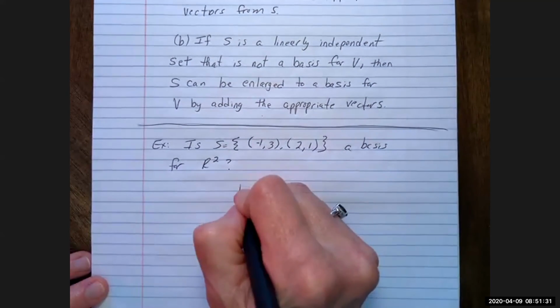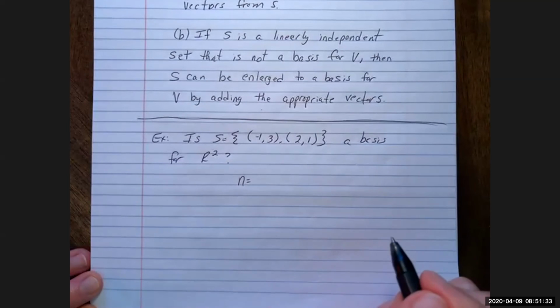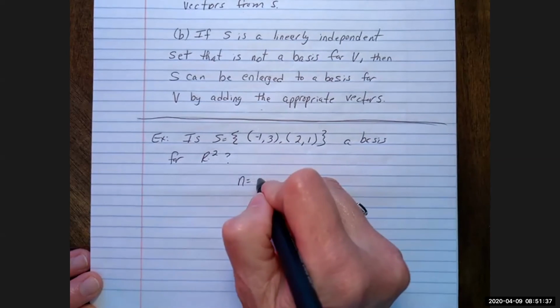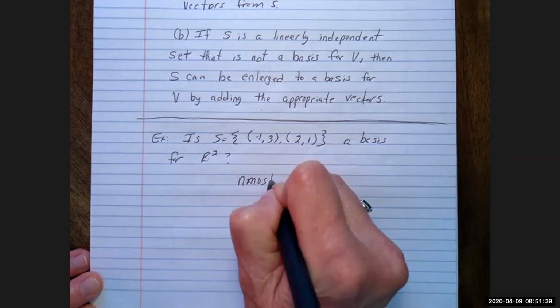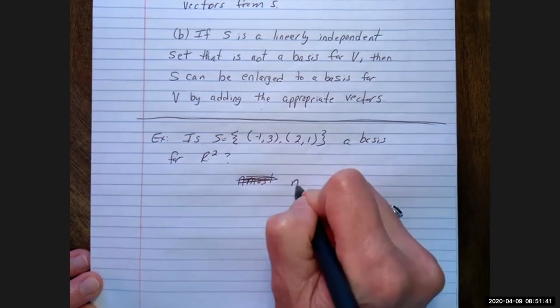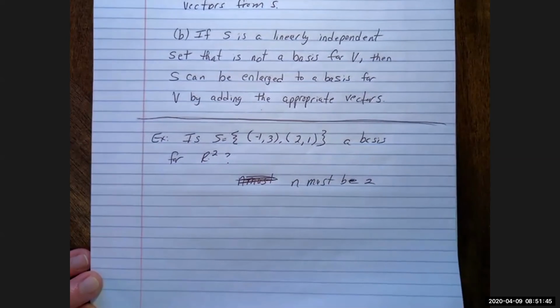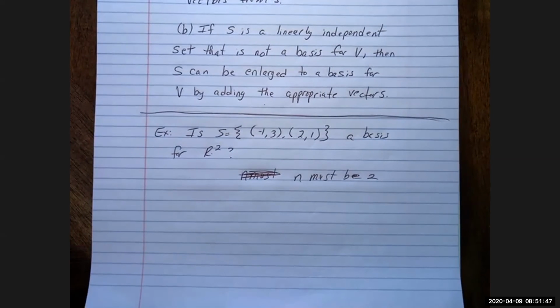How many vectors do you need for R2 for a basis? 2. You know, it has to be 2, correct? Which is what we have. Now we need to look to see if they're independent. Is either one of those a multiple of the other?